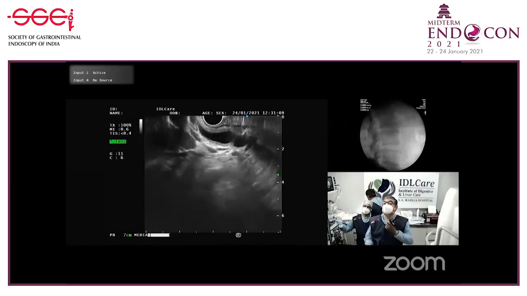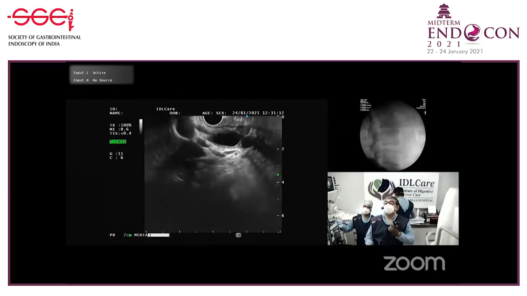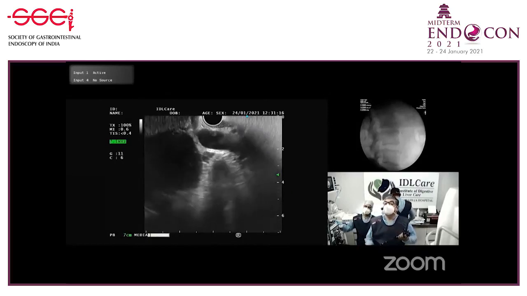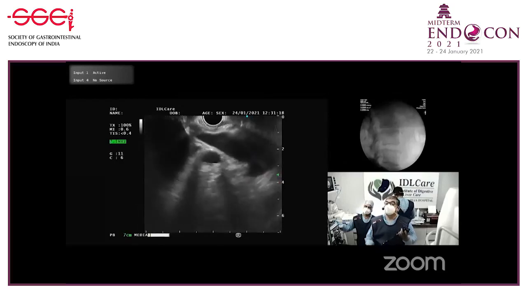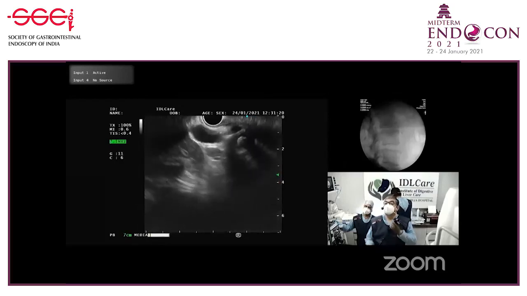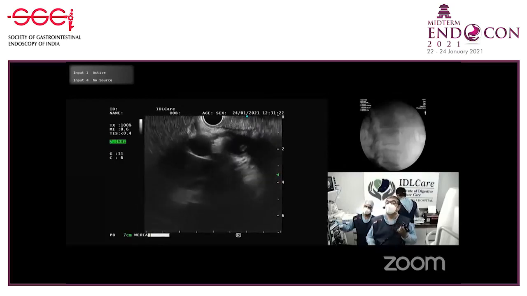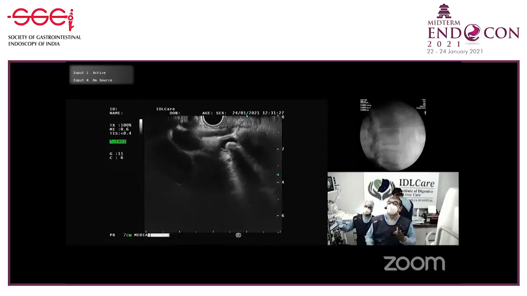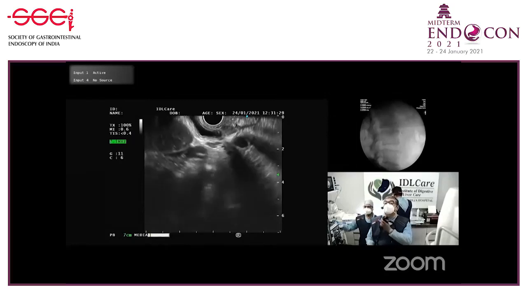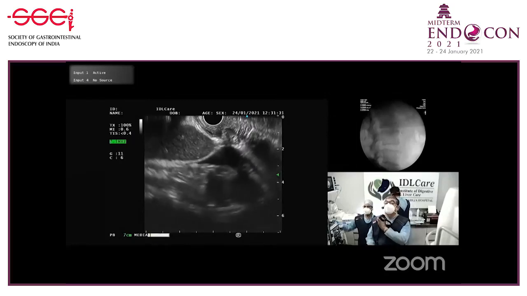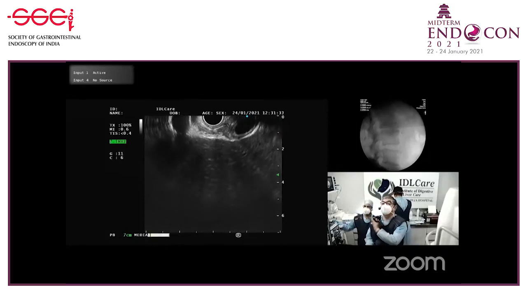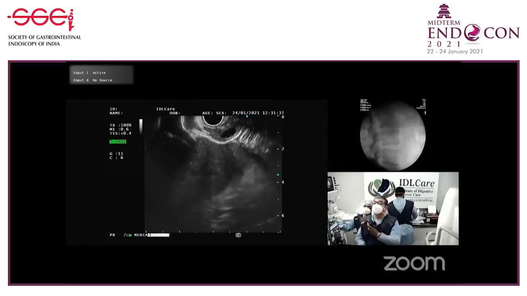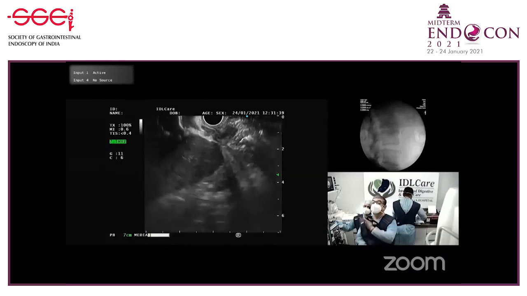We come up. I'm turning anti-clockwise now to look at the gallbladder if possible. That is the gastroduodenal. This is segment 6. There. I am seeing part of the gallbladder here.